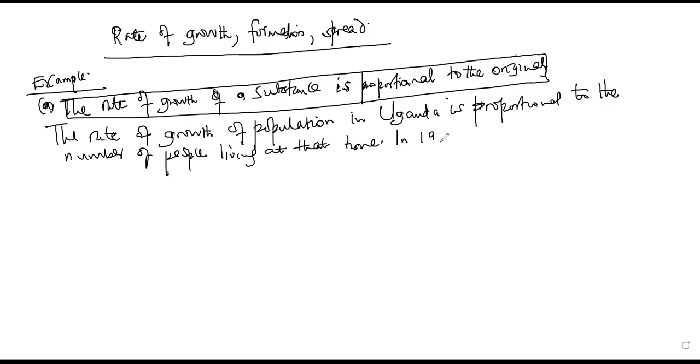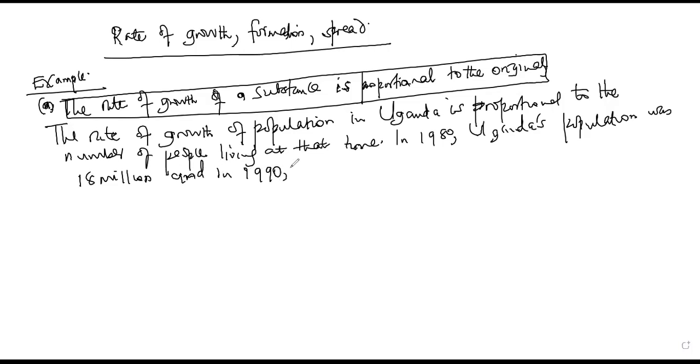In 1980, Uganda's population was 18 million, and in 1990 it was 22 million estimate.